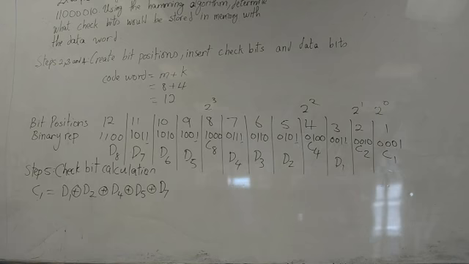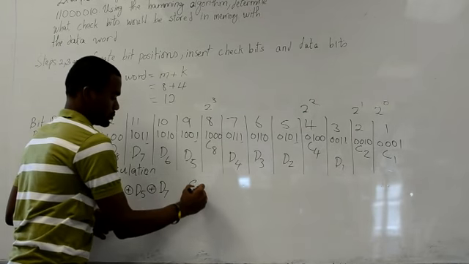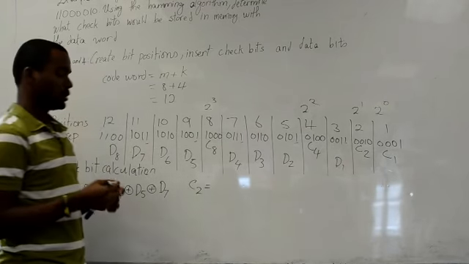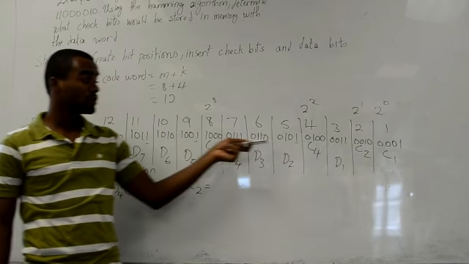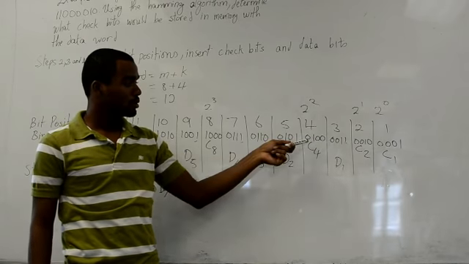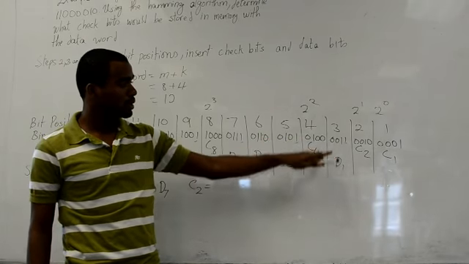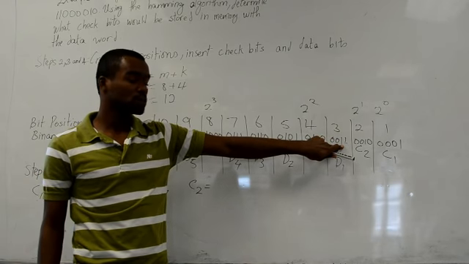we follow the same procedure for check bit 2, and now we're looking at the binary representations, and we're looking for each position that has a 1 in the 2's place.